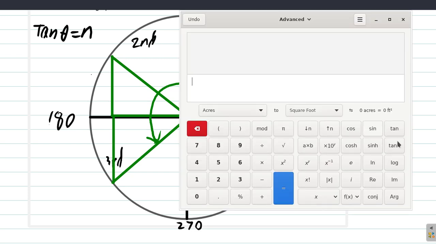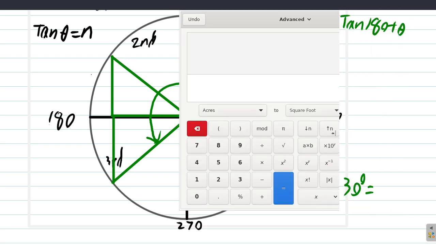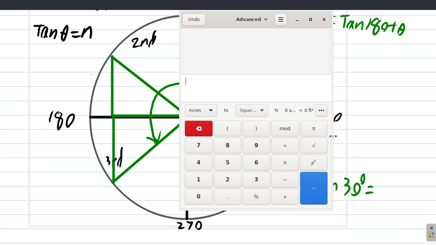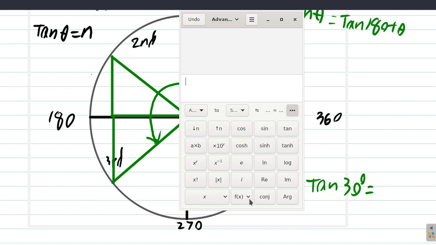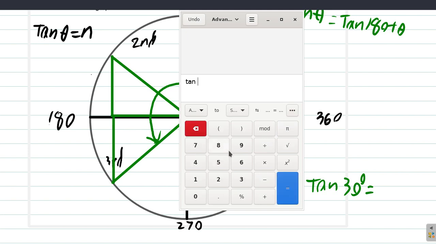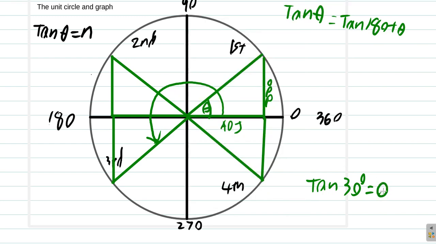We're going to find the tan of 30 degrees. So, we're in degree mode. Tan 30 equals 0.577. All right. So 0.577.